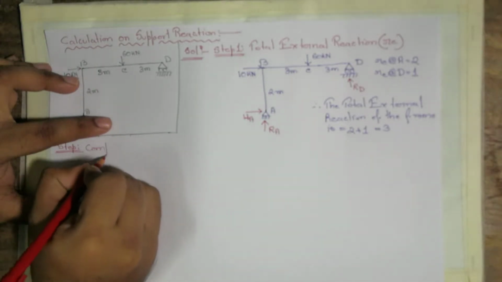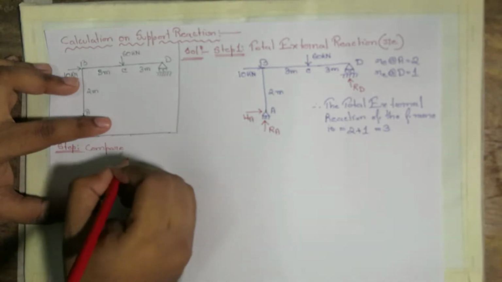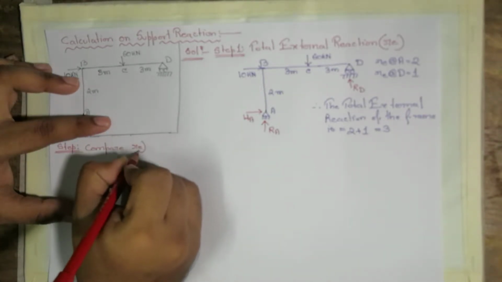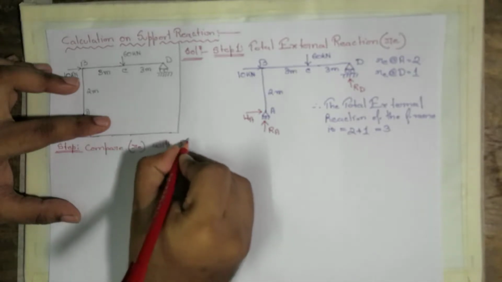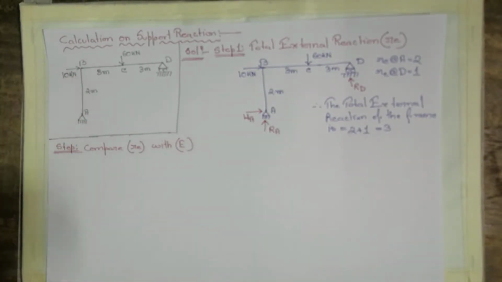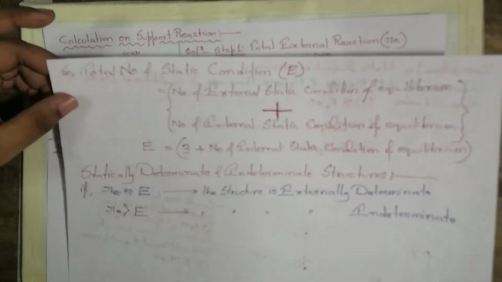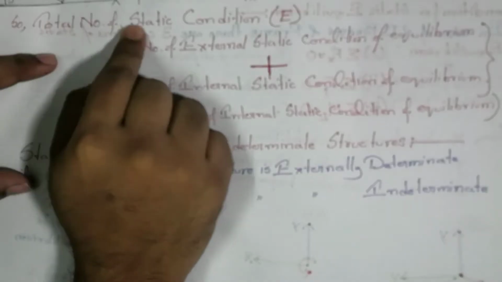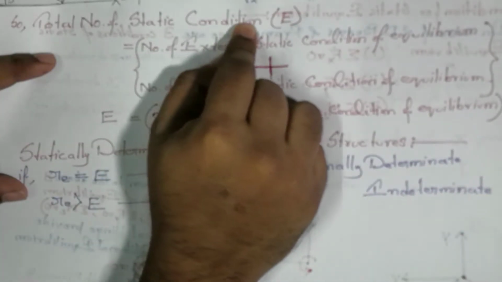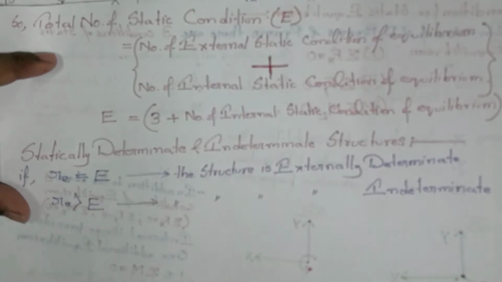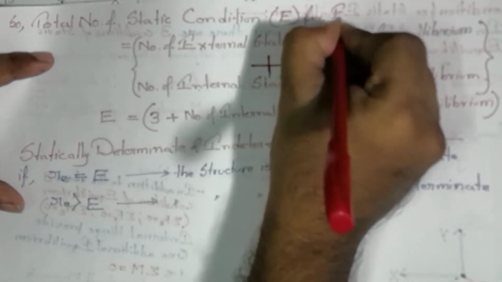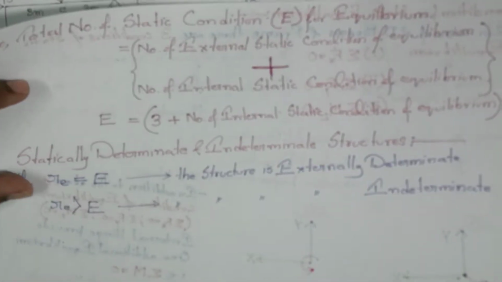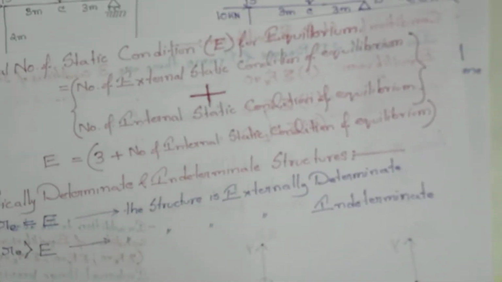For step 2, we are going to compare the RE with E. Now what is E? E is the total number of static conditions of equilibrium. So what is that?